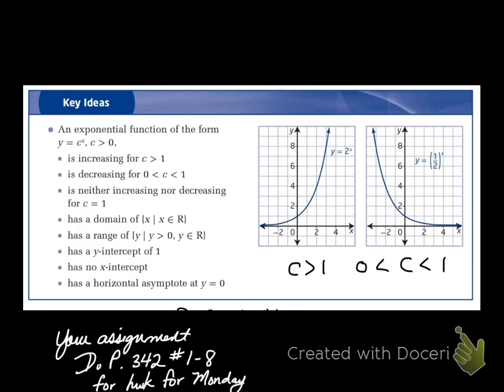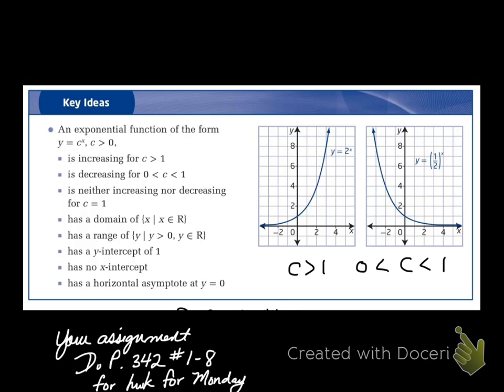So, in summary, an exponential function of the form y = c^x, c greater than 0, is increasing for c greater than 1, and it's going to be decreasing for c between 0 and 1. It's going to be neither increasing nor decreasing if c is equal to 1.